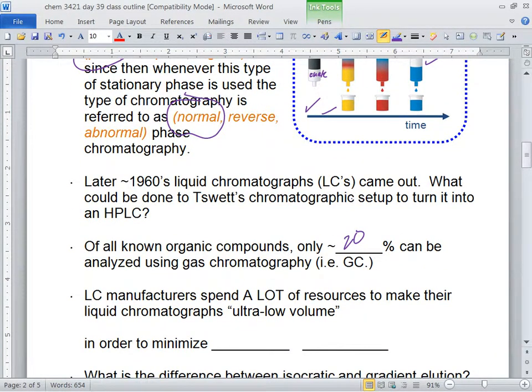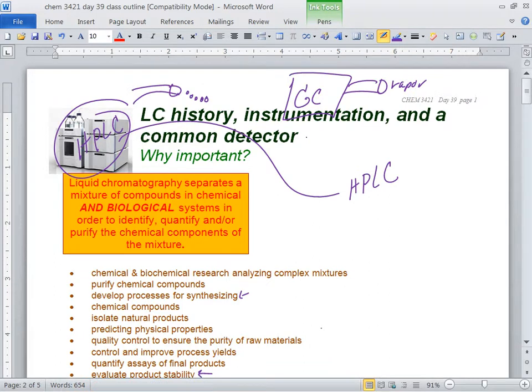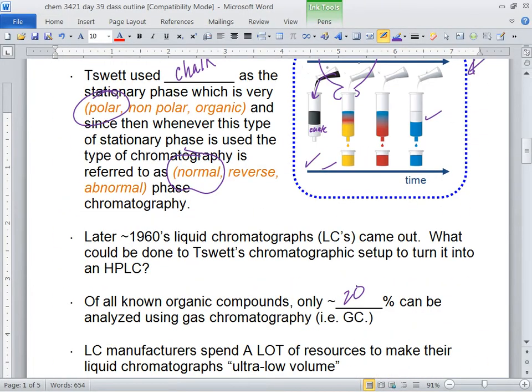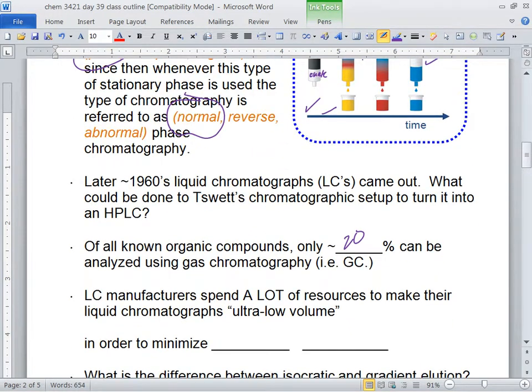LC manufacturers spend a lot of resources to make their liquid chromatographs ultra low volume. So this whole black box on the HPLC, tenths or hundredths of a microliter is all it takes to fill up all the little tubings and things. So that's ultra low volume. Now they do that to minimize blank blank.